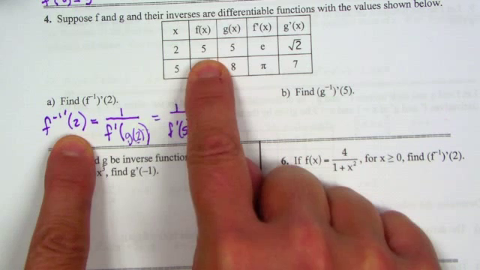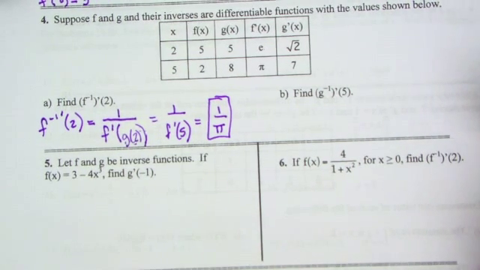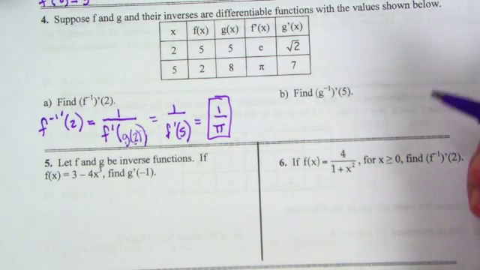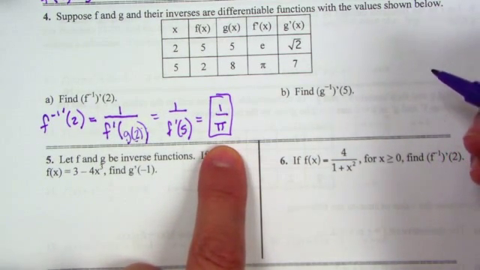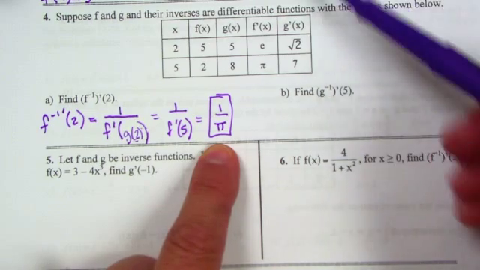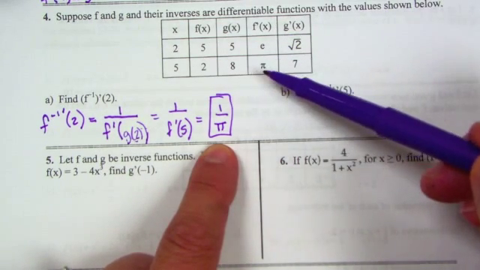Is it bad that I just noticed it? What would the pi come from? It makes no sense. Wait, so what is that? It's not 5. This is 1 over pi. Oh, it is pi. Because look, f prime at 5 is pi. Okay.